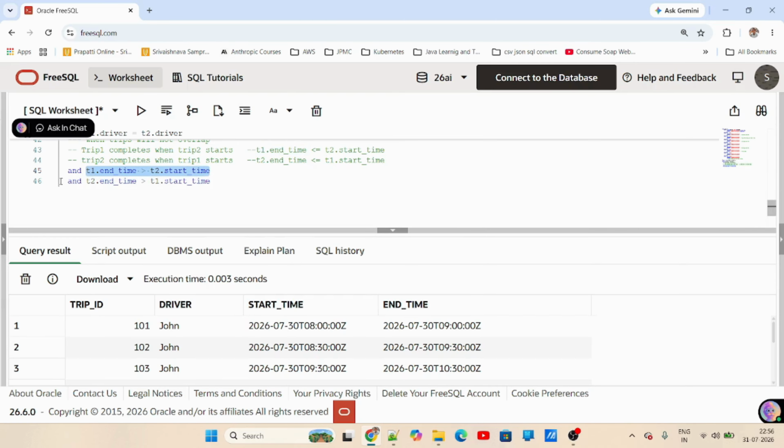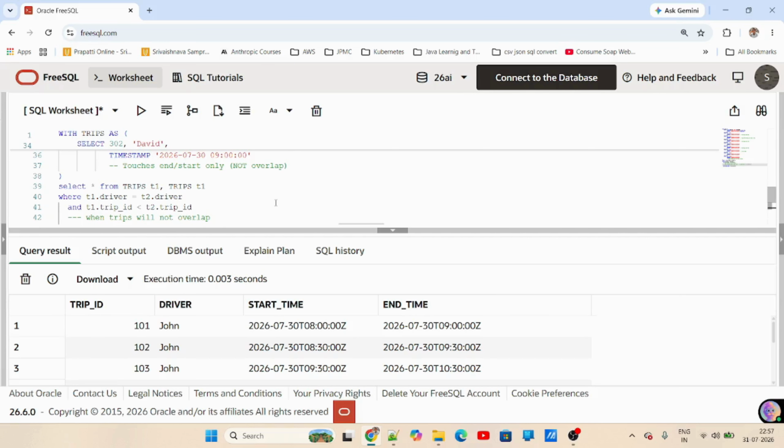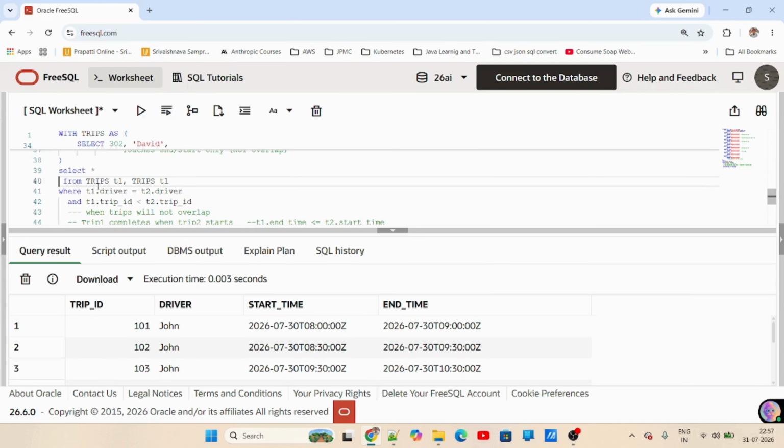I am checking when trip 1 ends, whether trip 2 has started, and when trip 2 ends, whether trip 1 has started. I'm checking both conditions, and only if both are true do we say this is overlapping. Let's run this and see the output.